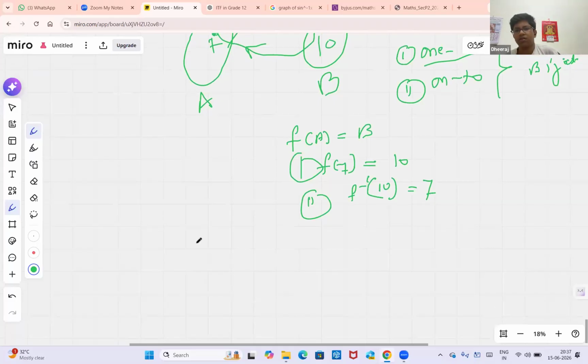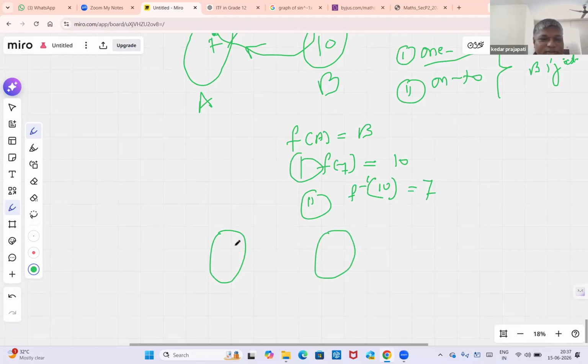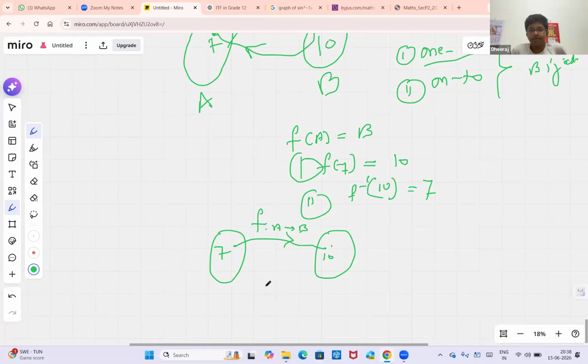I understand, sir. Okay. So what I'm telling is, you have two sets, A to B. This is 7, this point is 10. If 10 is an image of 7, it is known as function A to B. When will its inverse exist?